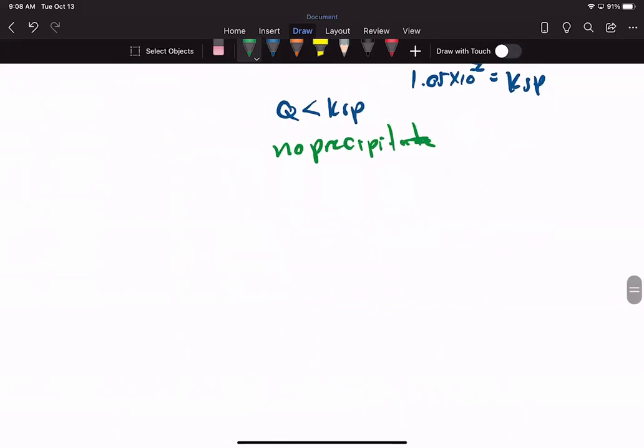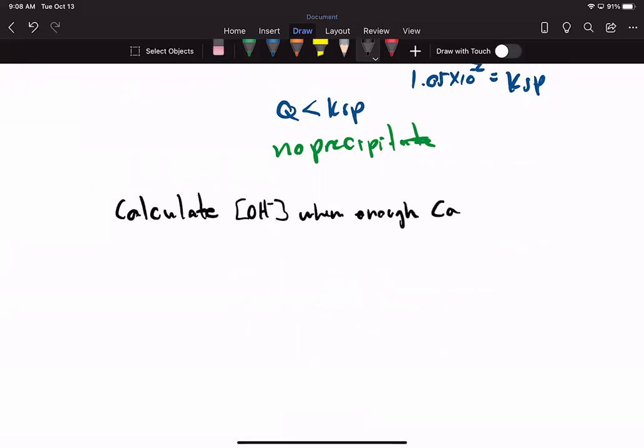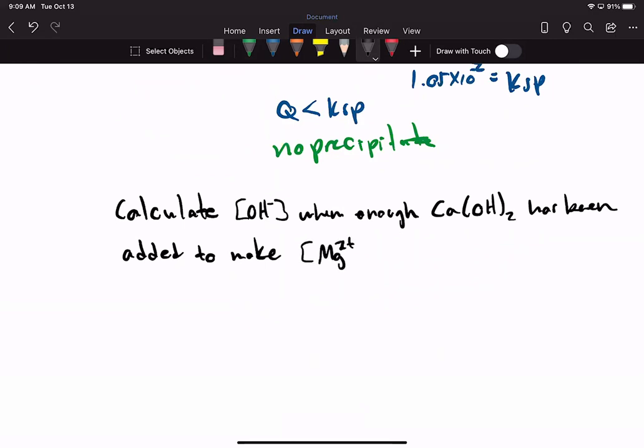So let's try something here. How about we calculate the molar solubility of the hydroxide when enough calcium hydroxide has been added to make the molar solubility of magnesium 1.0 times 10 to the minus 5.